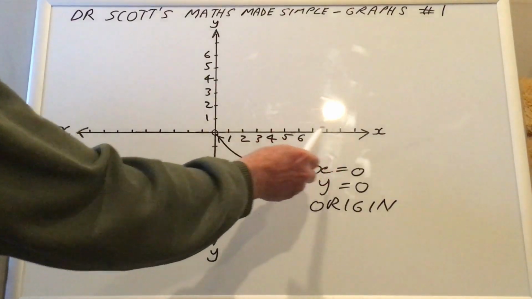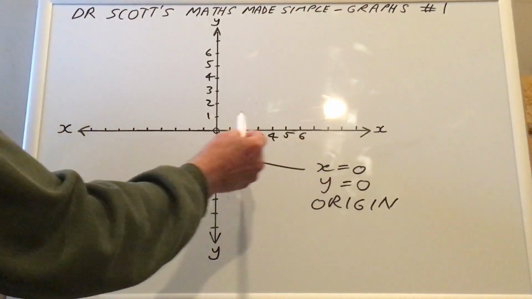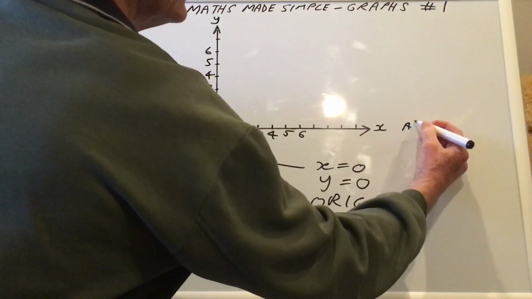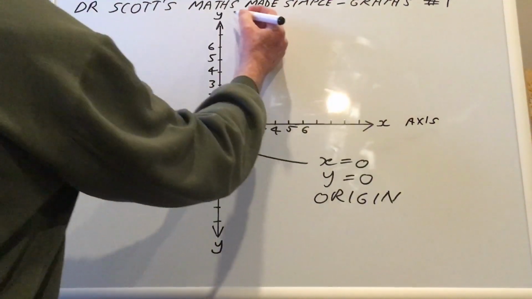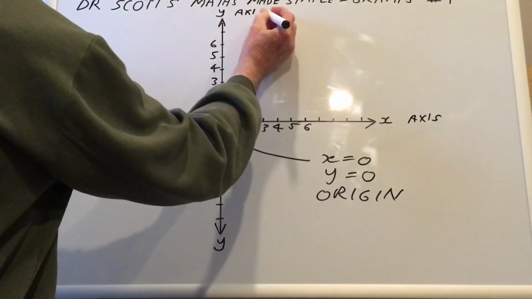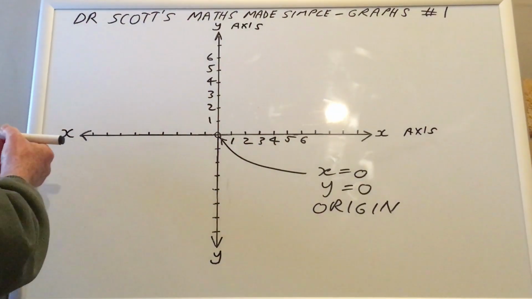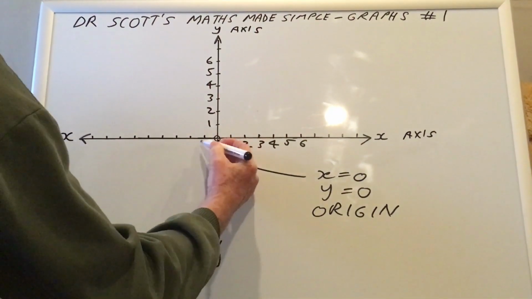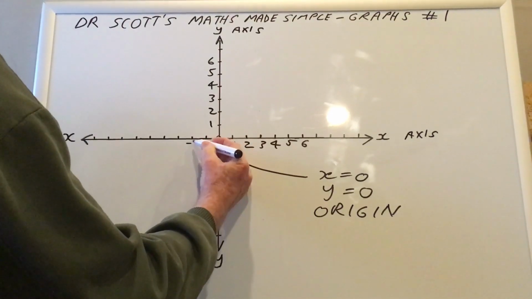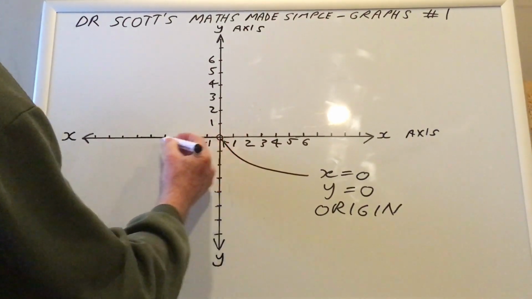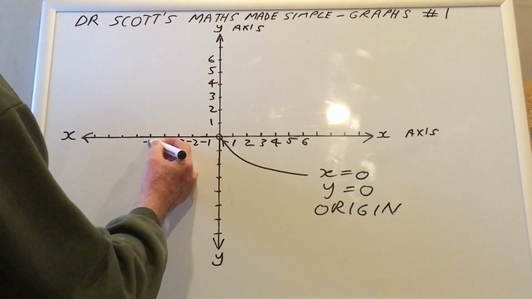If we keep following the X line, the X axis, so this is the X axis, this is the Y axis, this line. If we follow the X axis back this way to the left, we go into negative numbers. So this is -1, -2, -3 and so on.